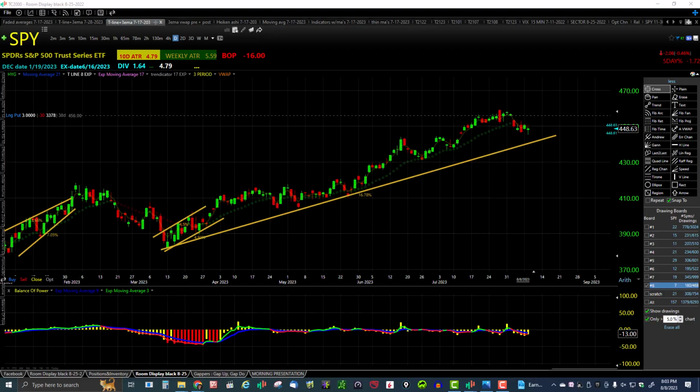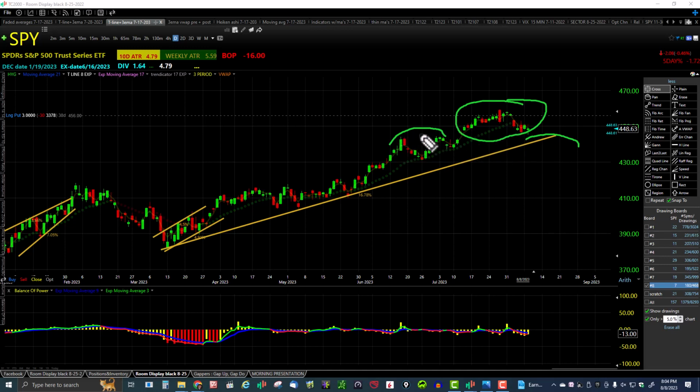Now, let me just get rid of those and get my markers. I see a left shoulder over here. All of this consists of the head. And then I'm looking for a possible right shoulder to form. Do I really want the right shoulder to form? No, I don't, but I can't deny what I'm seeing here.